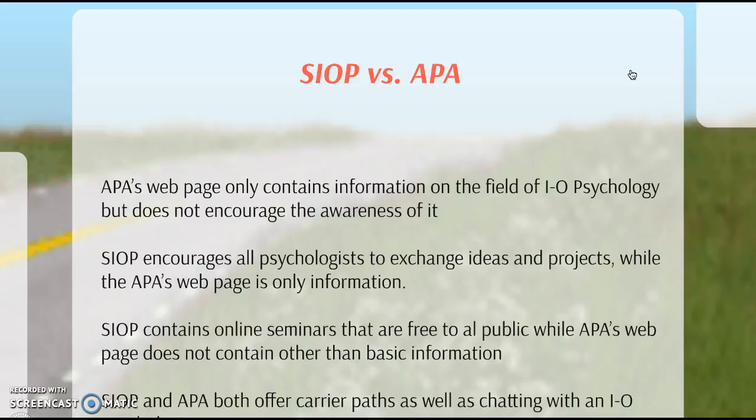SIOP contains online seminars that are free to the public, while APA's web page does not contain anything other than basic information. SIOP and APA both offer career paths as well as chatting with an IO psychologist, which is a really good thing that both web pages have, but still I think SIOP's web page is better.